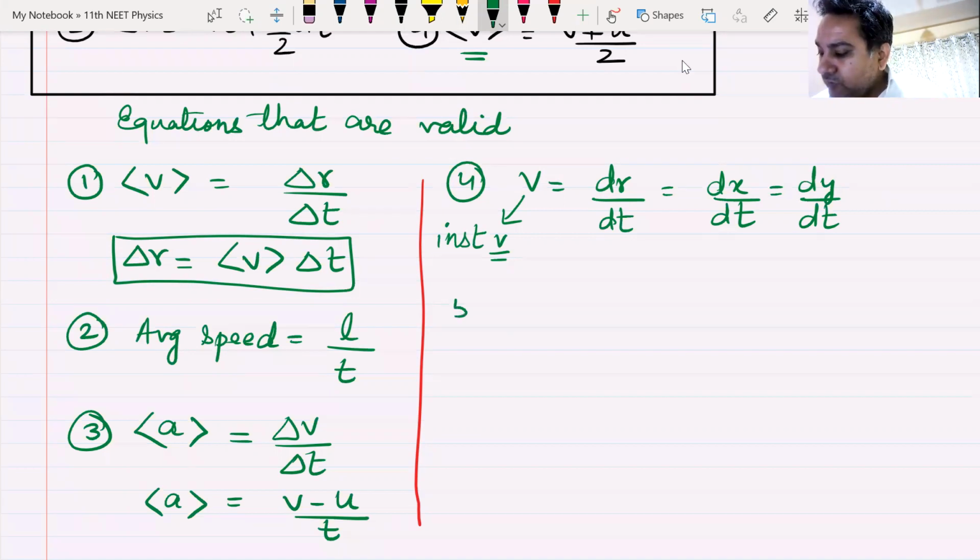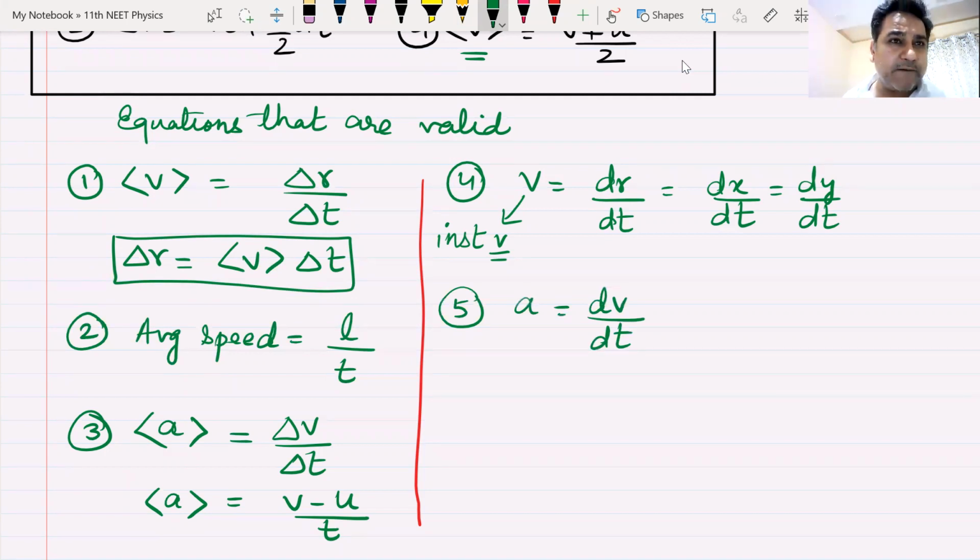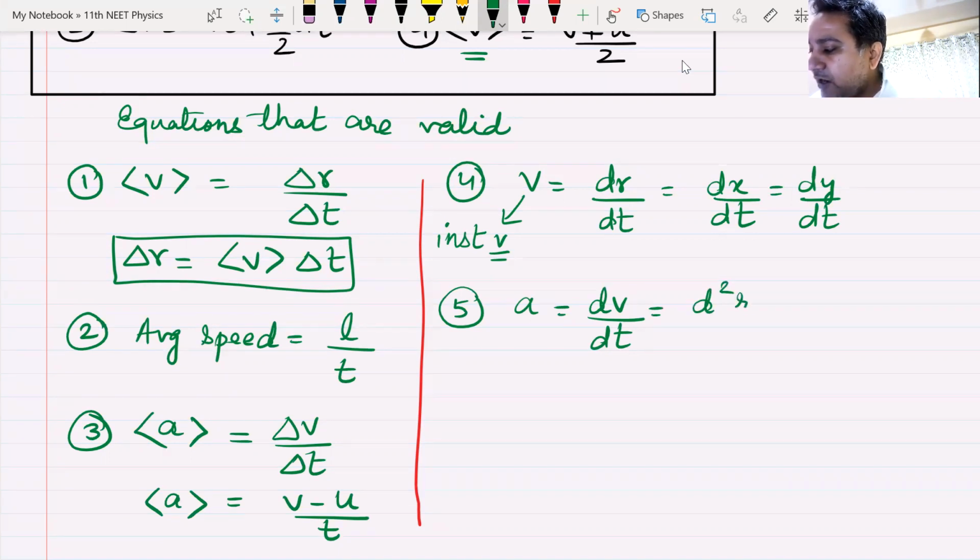Question number 5. Acceleration is dv by dt. Rate of change of velocity with time is known as acceleration. This obviously was instantaneous acceleration. I can write it as d square r by dt square.